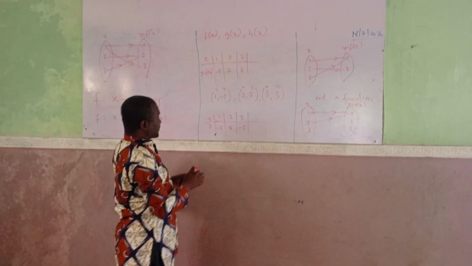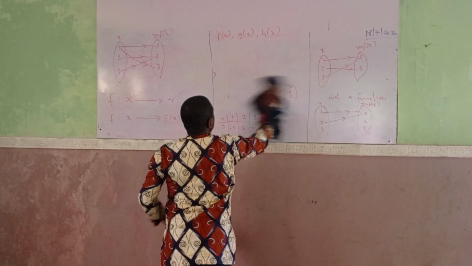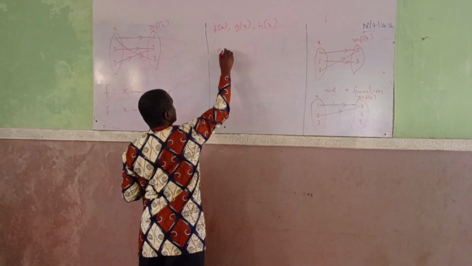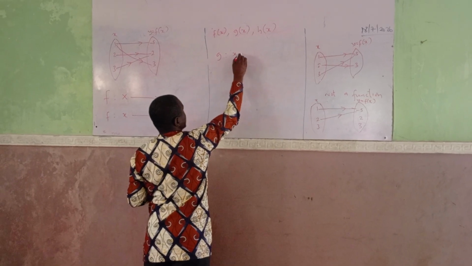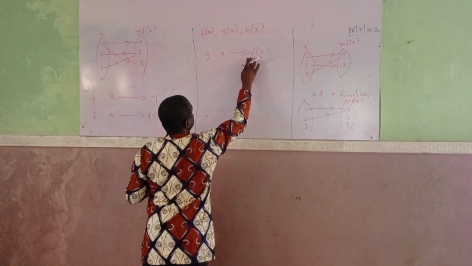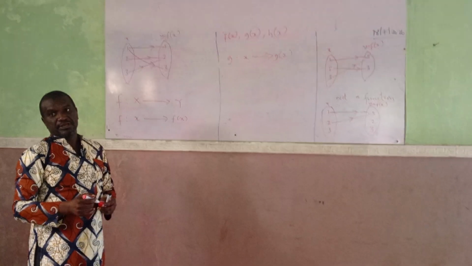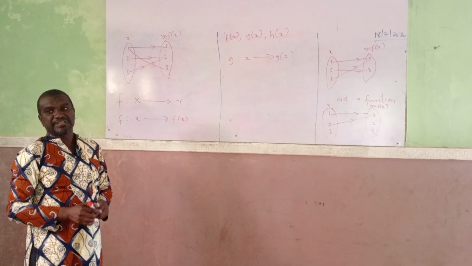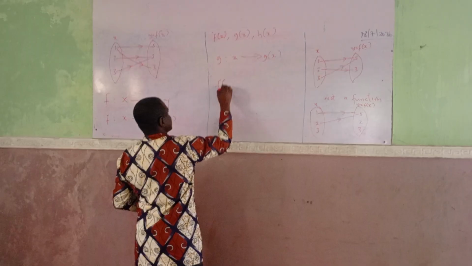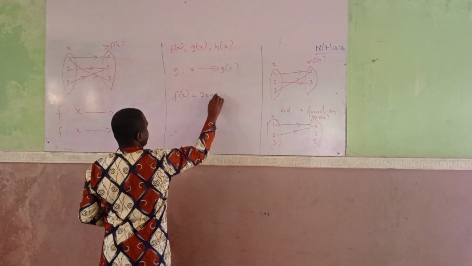So that means in this one too, we can also write g is a function if x is mapping g of x. Is that okay? This is also a function. So what does f of x mean? When we say f of x, it is the same thing as an expression like 2x plus 3, for instance.